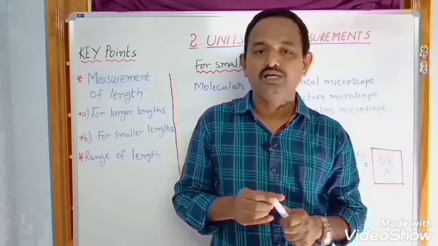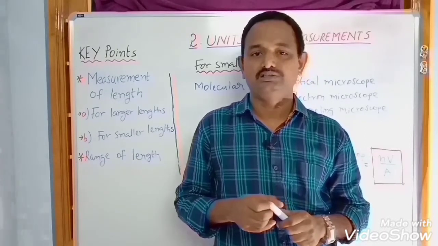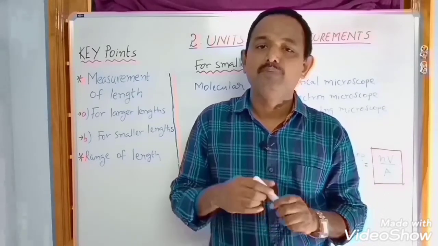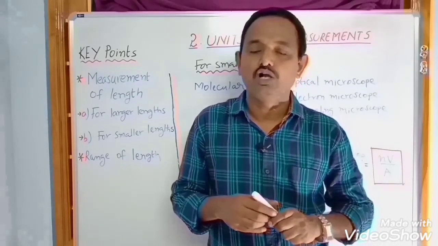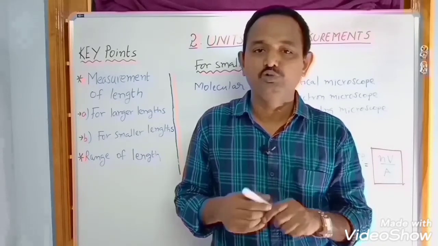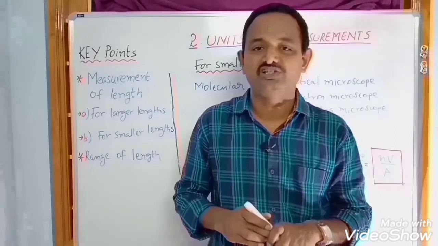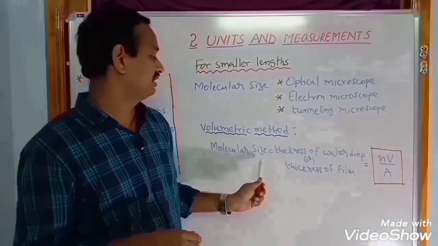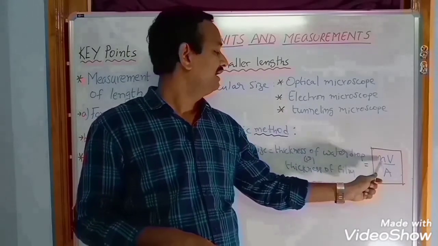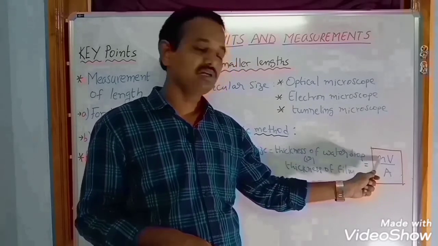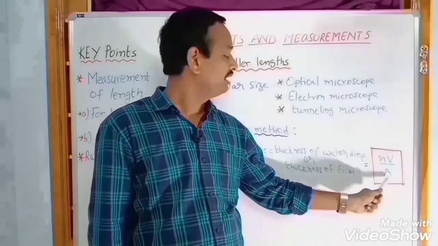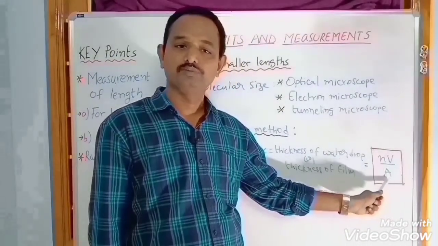So I will calculate its size by the formula number of drops into volume of each drop by area of the drop. Molecular size is nothing but the thickness of the water drop, that equals N into V by A. N means number of drops, V means volume of drop, A means area of drop.